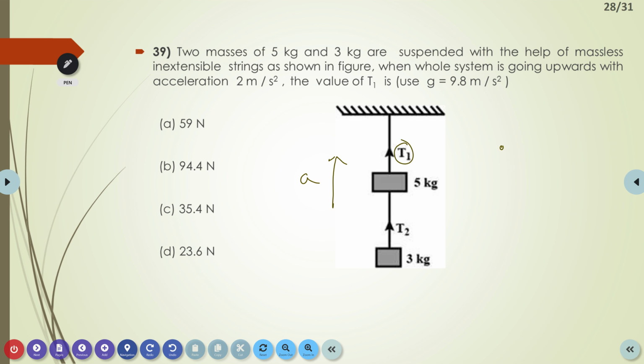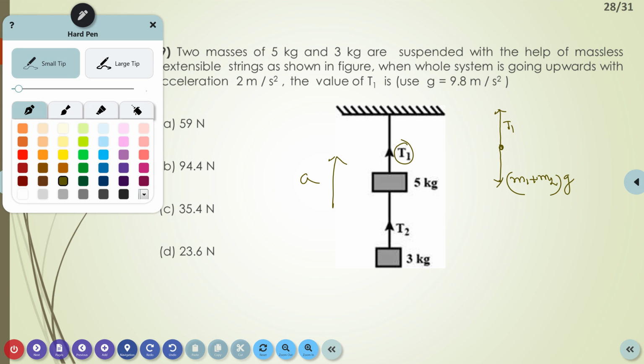Now I will draw the free body diagram. This is the tension T1, but the force due to weight is acting in the downward direction. It is m1 plus m2 into g.